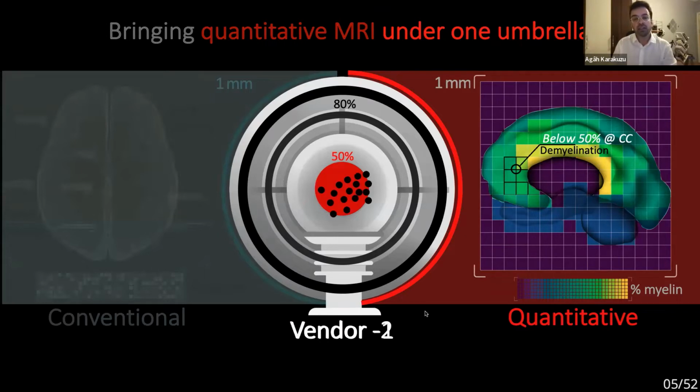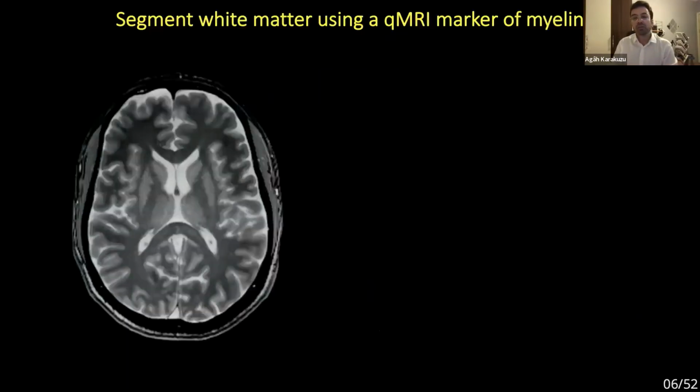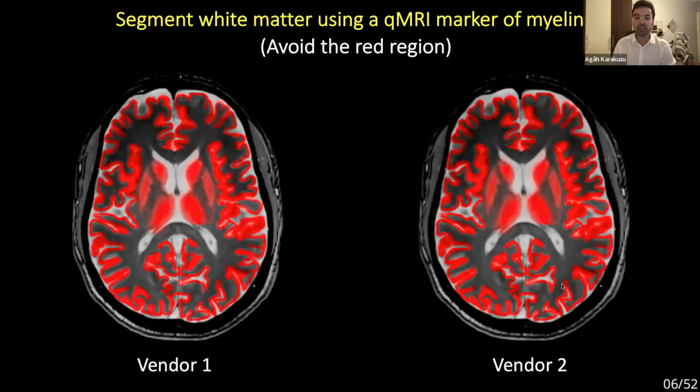And then if a scanner from another vendor overestimates the same measurement by 20%, we cannot rely on that quote-unquote biomarker for clinical purposes. So I will showcase this using real data for a simple task to select the white matter of a healthy participant on 2 different scanners using a myelin sensitive marker.